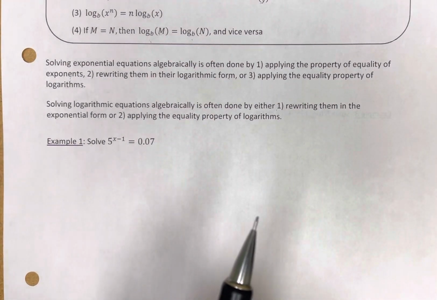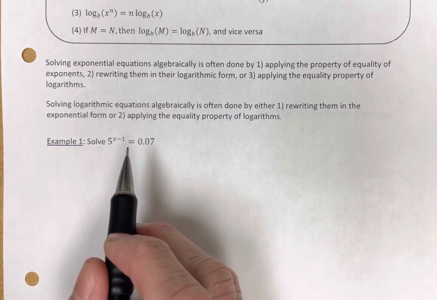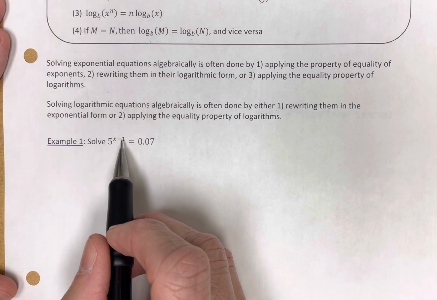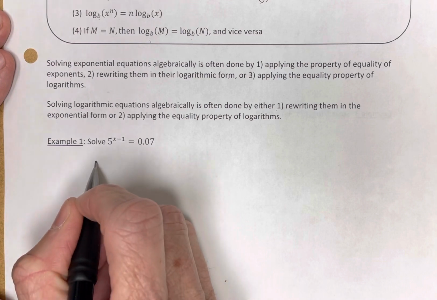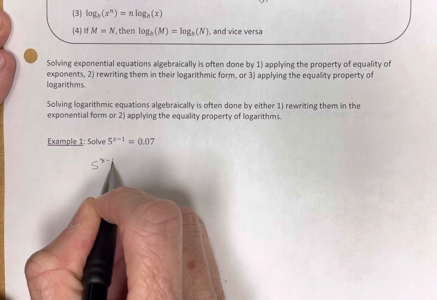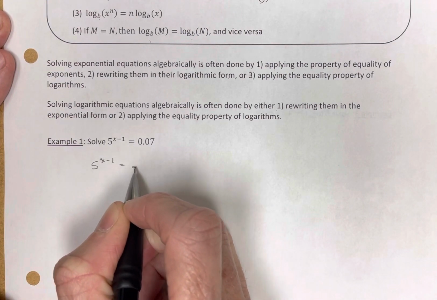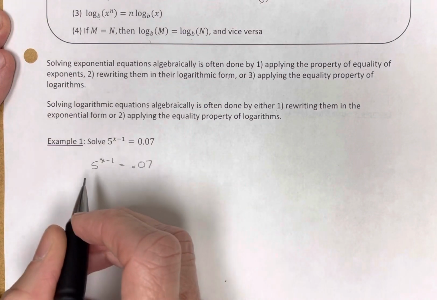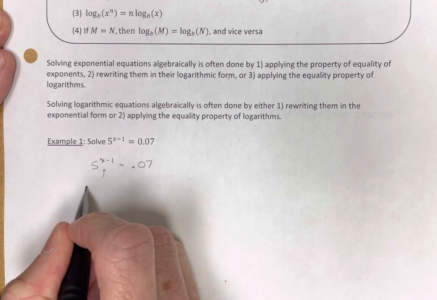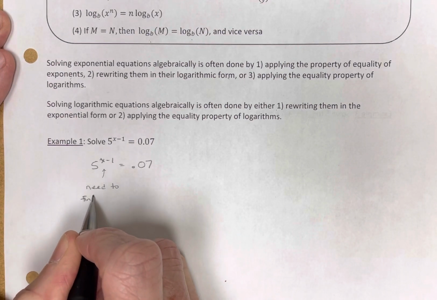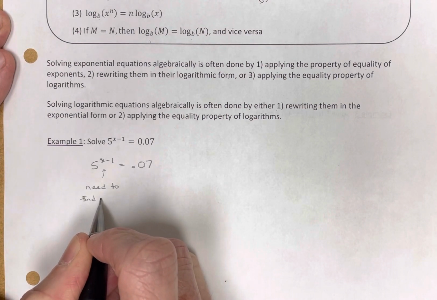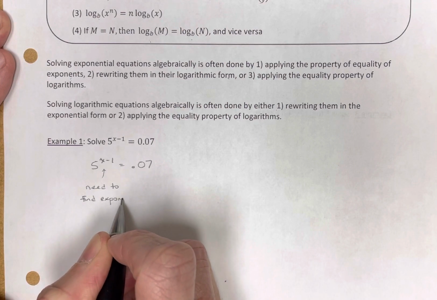Okay, solve 5 raised to the x minus 1 is equal to 0.07. Okay, so 5, the exponent is x minus 1, equals 0.07. Notice we need to solve for the exponent.